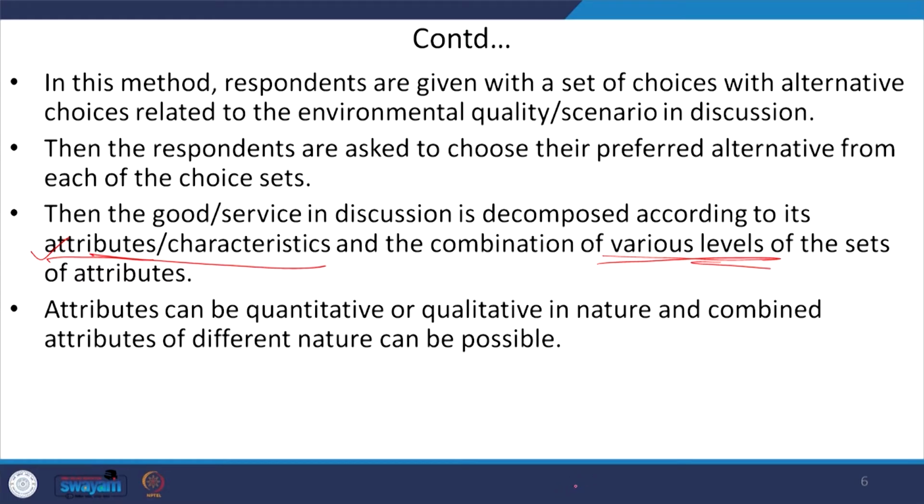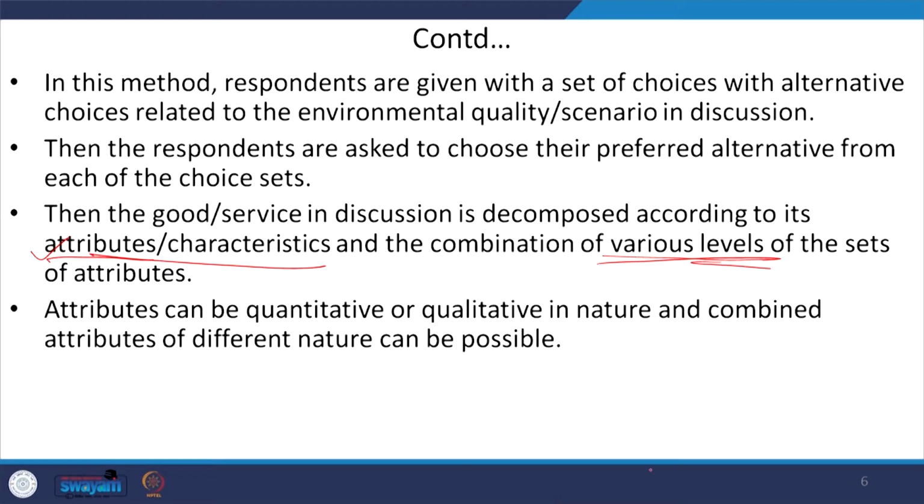Let us say we are talking about how many tigers there are in a particular region, in that particular biodiversity area, or if it is a marine area, we are talking about an endangered species like the olive ridley. So, we are again counting the quantitative figure, how many are there, and it can also be qualitative in nature. Let us say you do not know the size of the particular species.